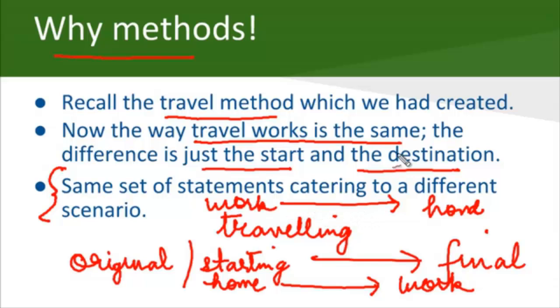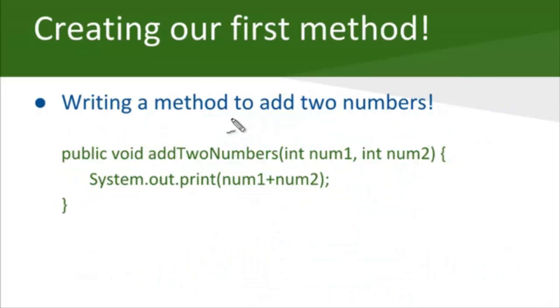So now just one method of travel helped cater to the situation in which you were traveling from work to home, or even the different situation in which you were traveling from home to work. Let's quickly get started and create our first method. So we'll be writing a method to add two numbers, and this is how our method will look like.